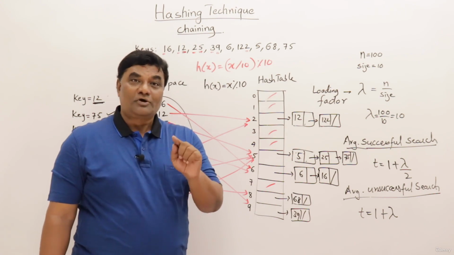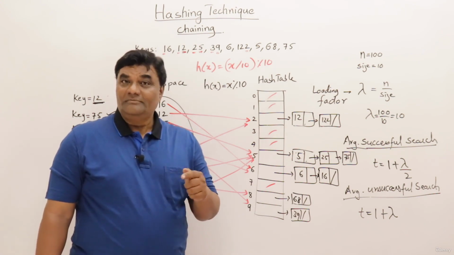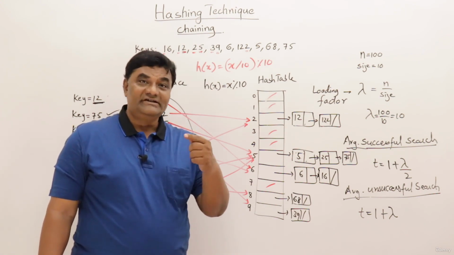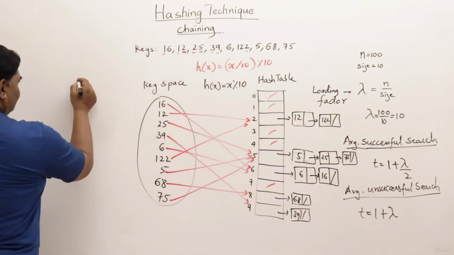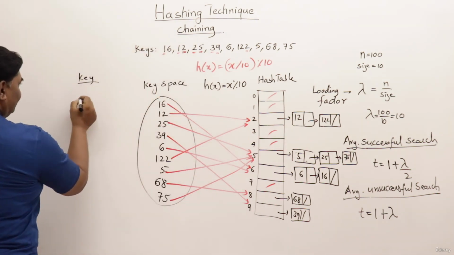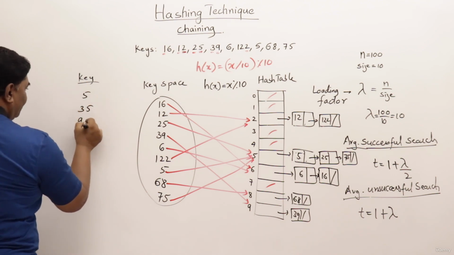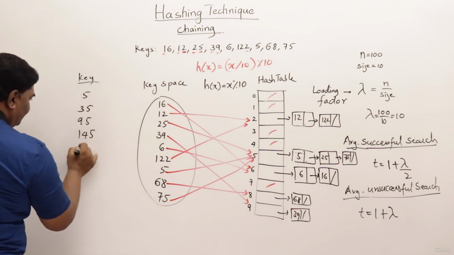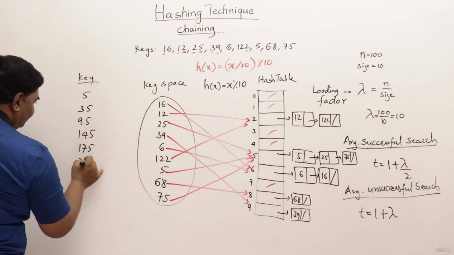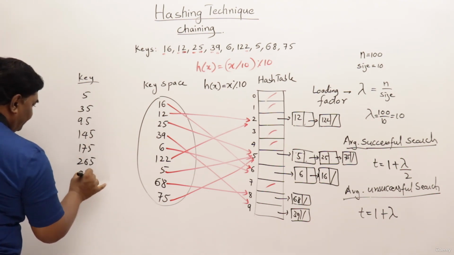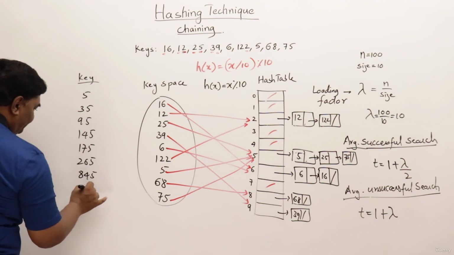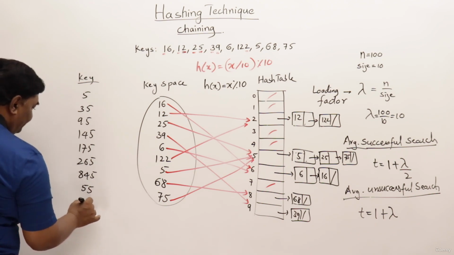Now I will show you one problem, and after that problem, we will also see a solution. Just watch here. Suppose I have keys like 5, 35, 95, 145, 175, 265, 845, 55, 25.